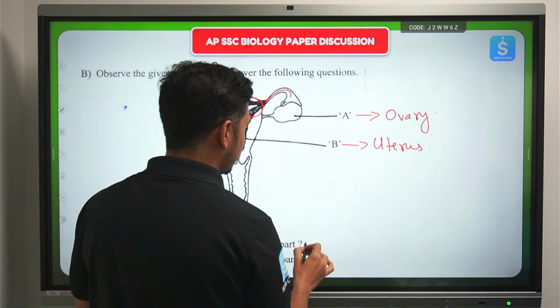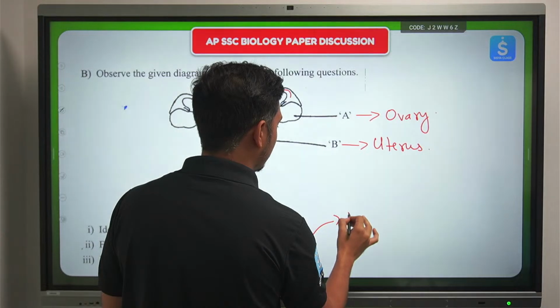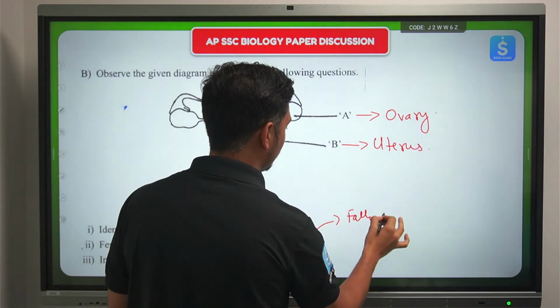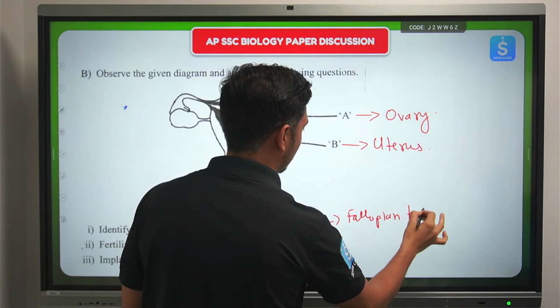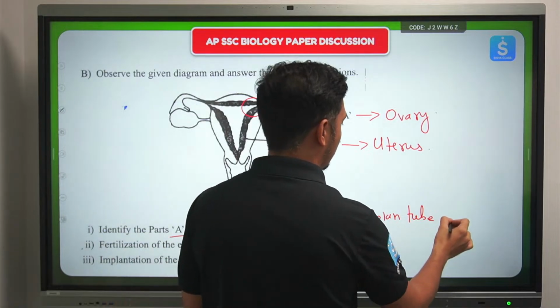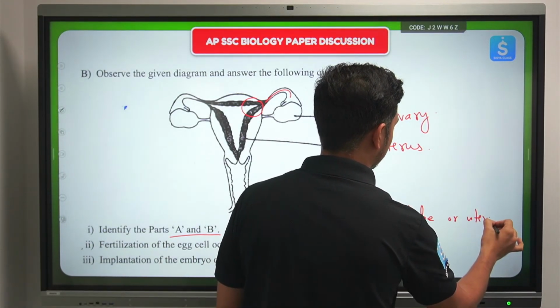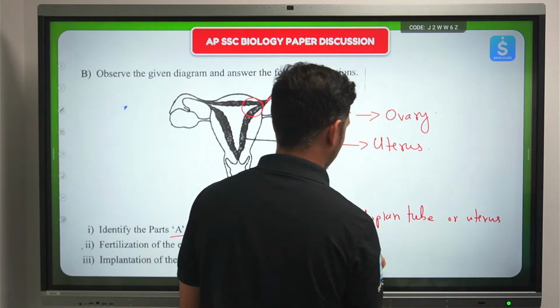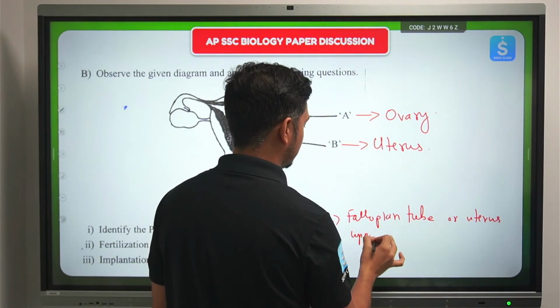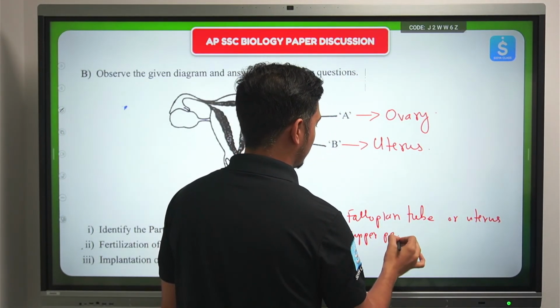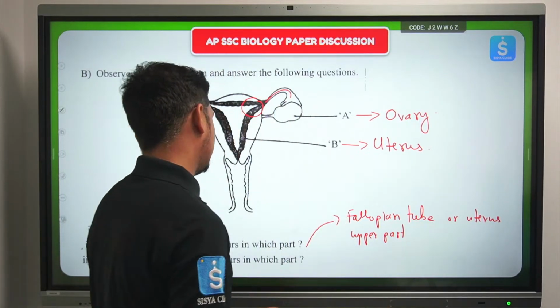So we'll say the fallopian tube or the upper part of the uterus. These are the places where fertilization of the egg can happen.